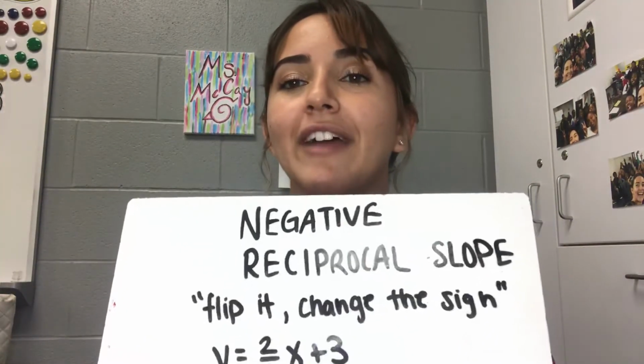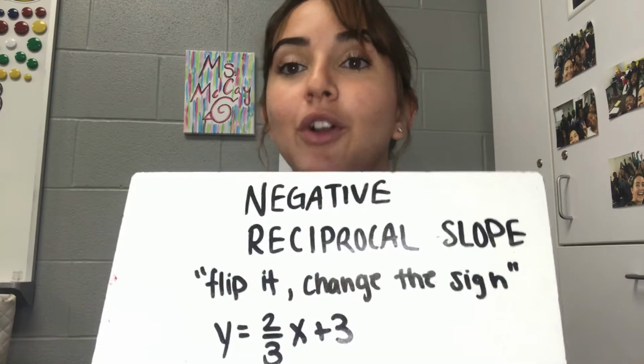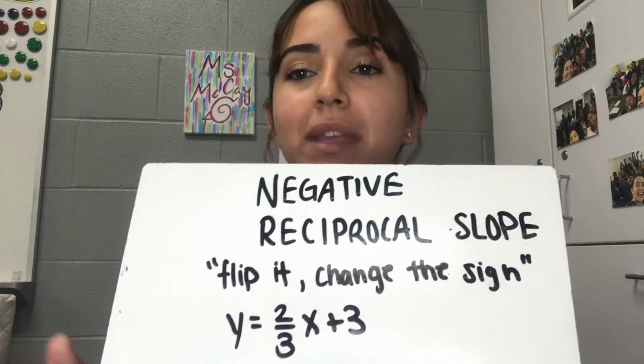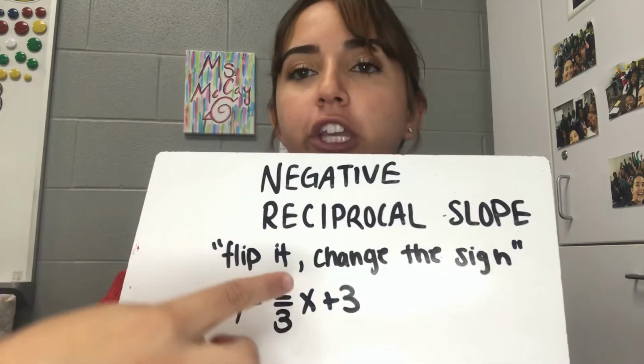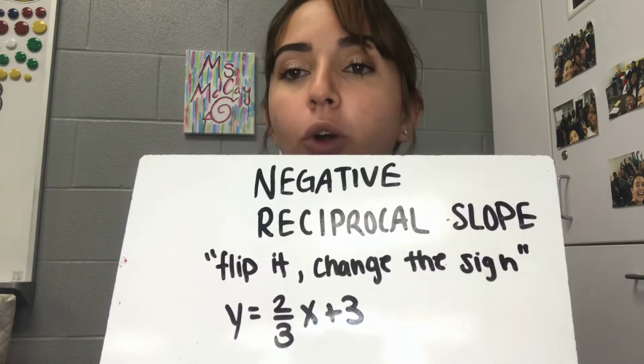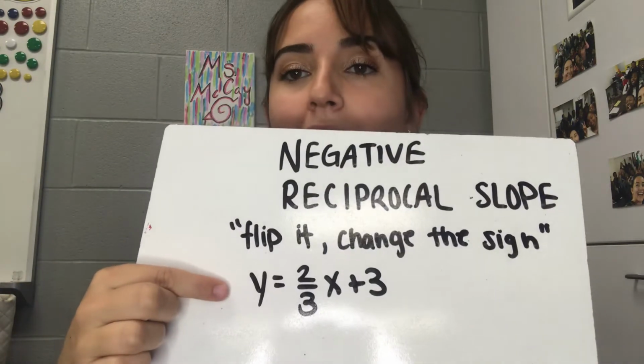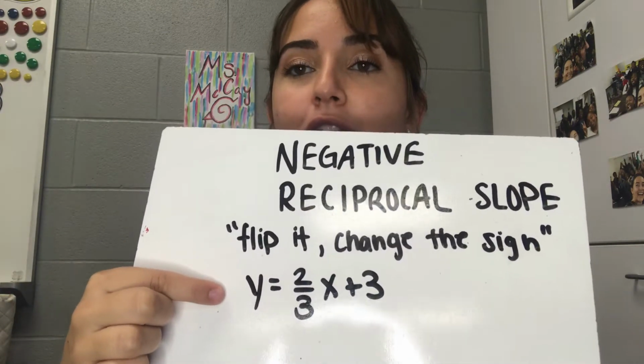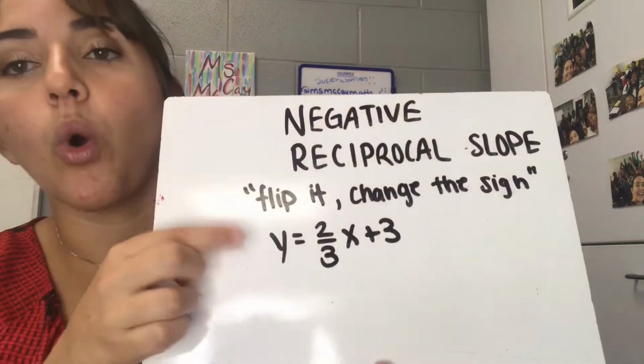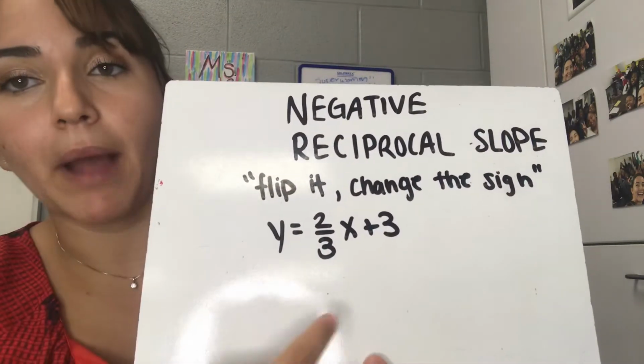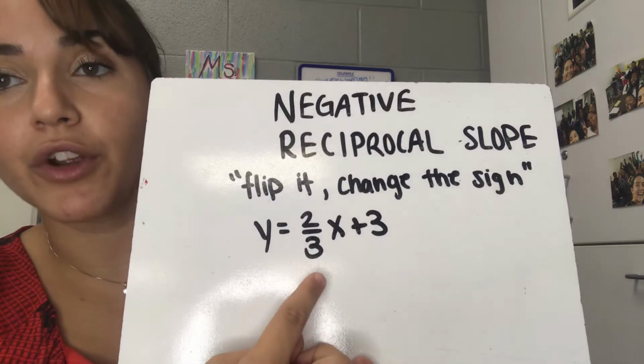So let's get started. Again, perpendicular lines will have negative reciprocal slopes. What that means is we flip it and change the sign. So in this equation, y equals 2/3 x plus 3, our slope, or our m, is given by the fraction 2/3.